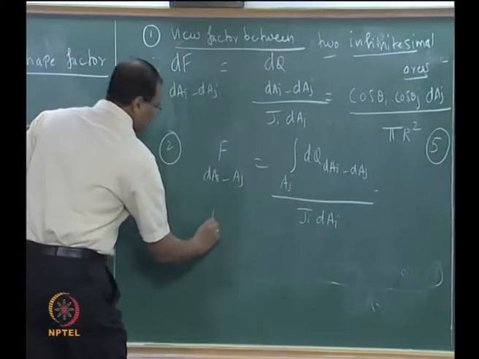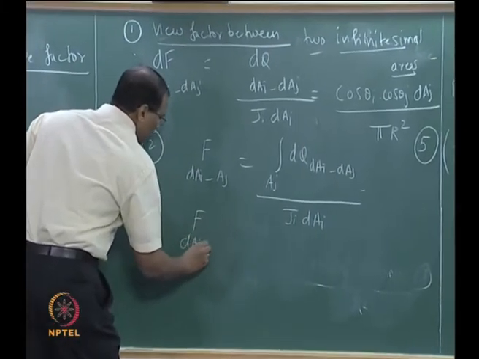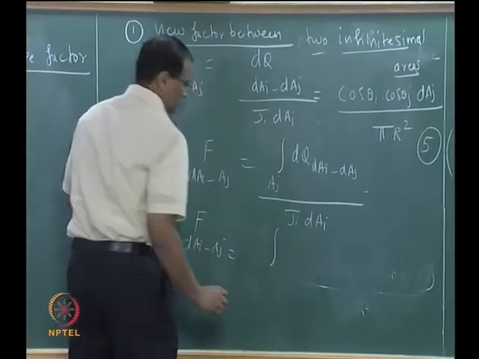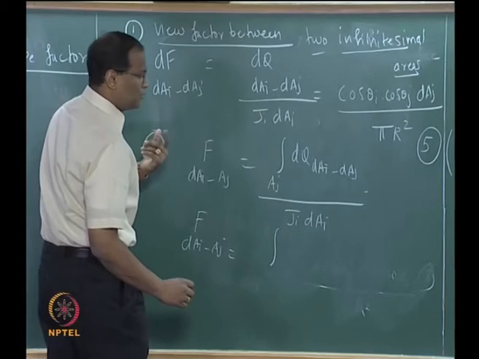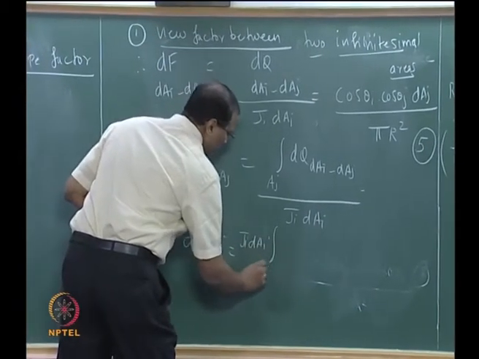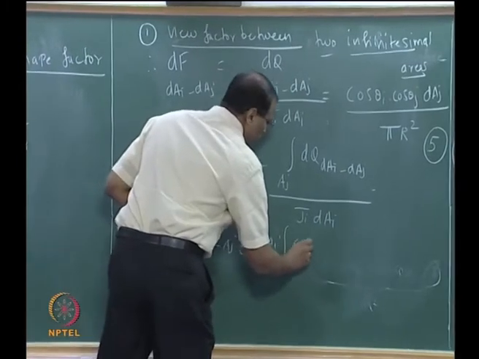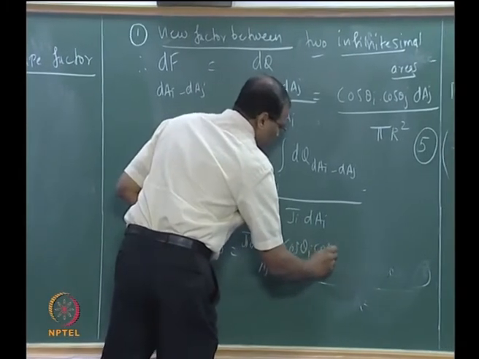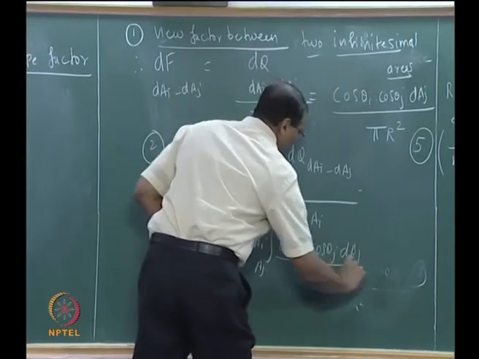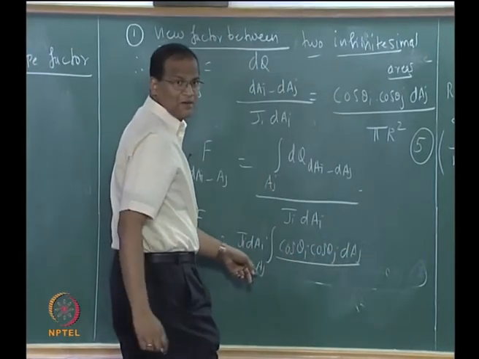Now the dAi can be pulled out. Ji dAj. r will be a function of this, right?